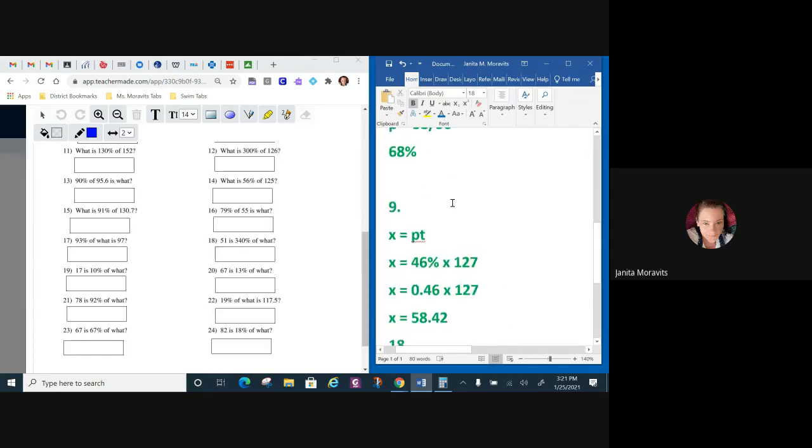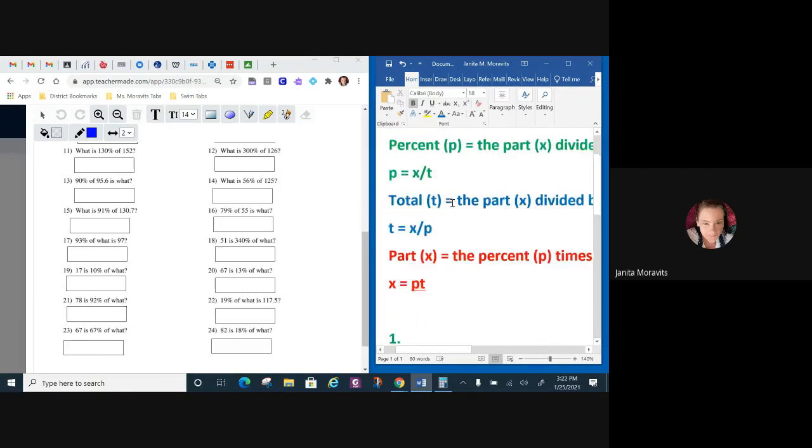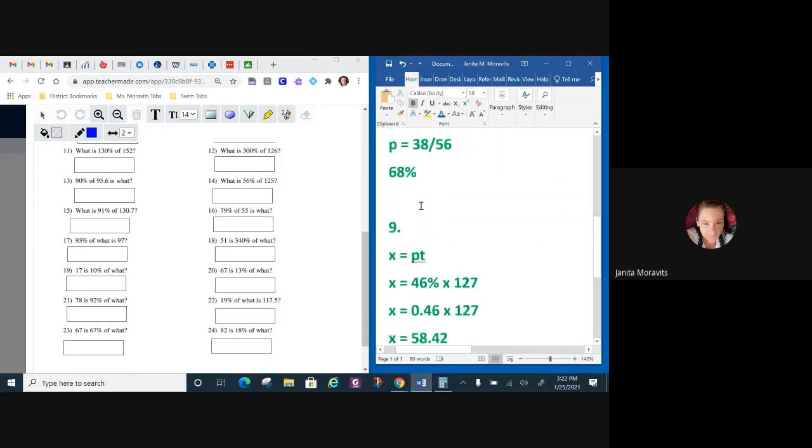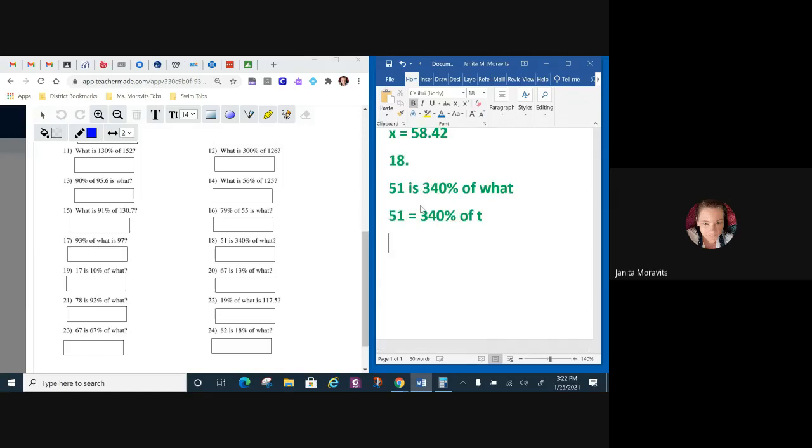If we go up here to find a total, T equals the part divided by the percent. So the total equals the part, which is 51, divided by the percent. Remember, this is a percentage, so we have to change it to a decimal.